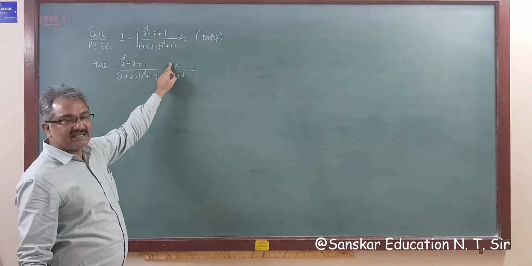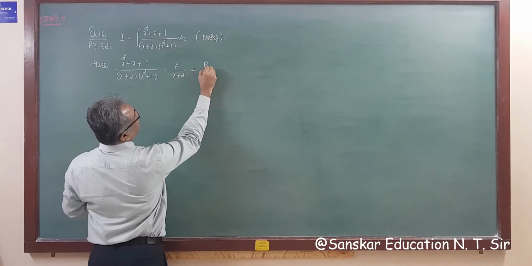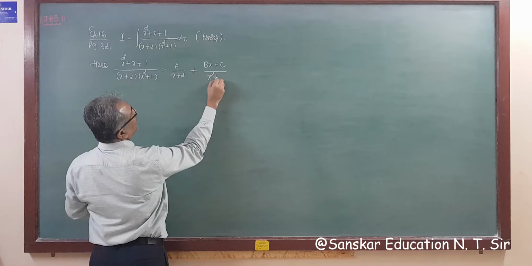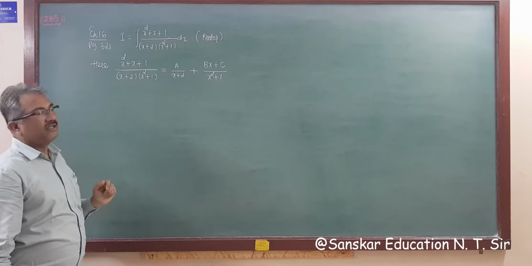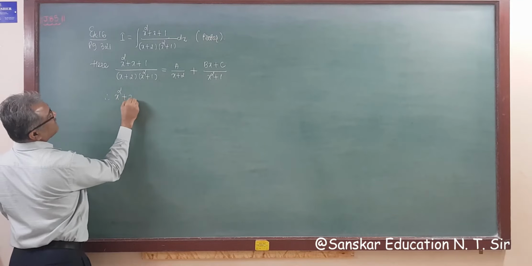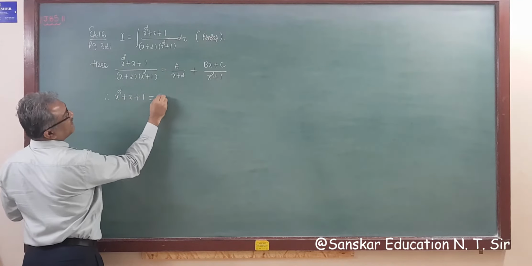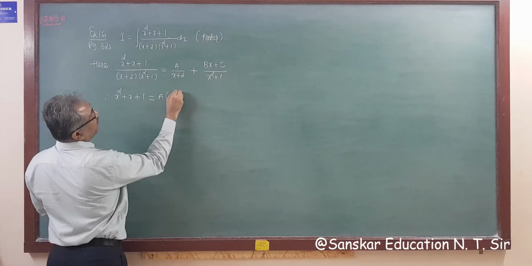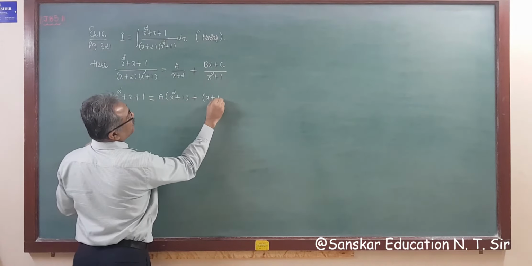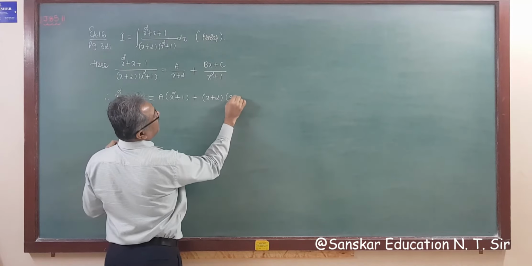Here A is already taken, so we are writing Bx plus C, whole upon the quadratic. Got it? So now taking LCM, x square plus x plus 1 is equal to A into x square plus 1, plus x plus 2 into Bx plus C.